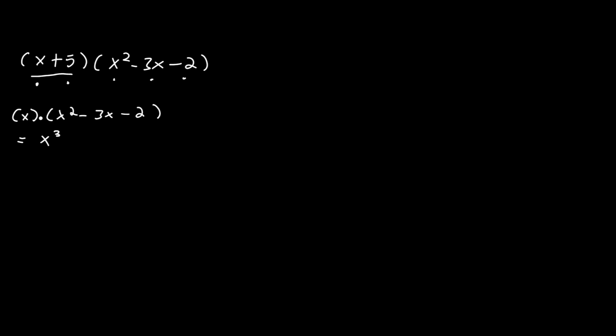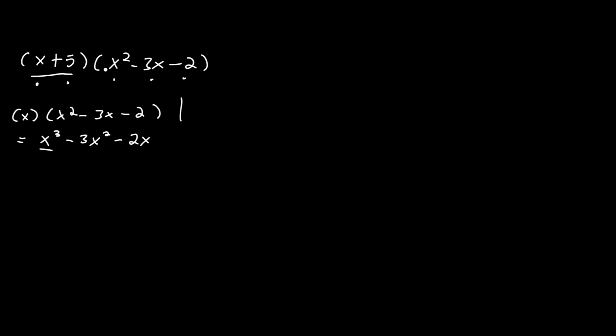Whenever you multiply, you have to add the powers. Now x times negative 3x will be negative 3x squared. Sorry, this one was x cubed. Now x times negative 2, well, we will have a negative answer, which will be negative 2x.